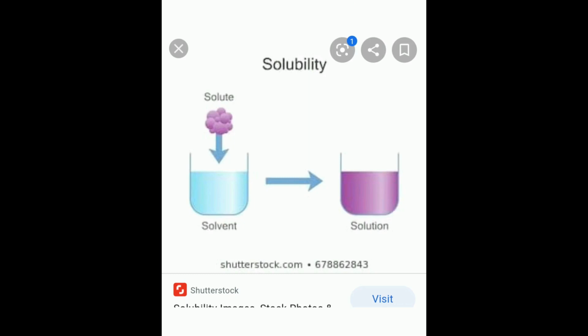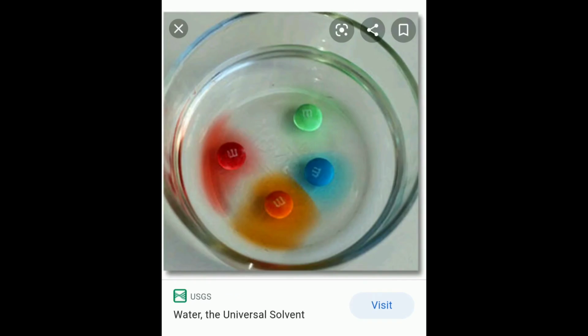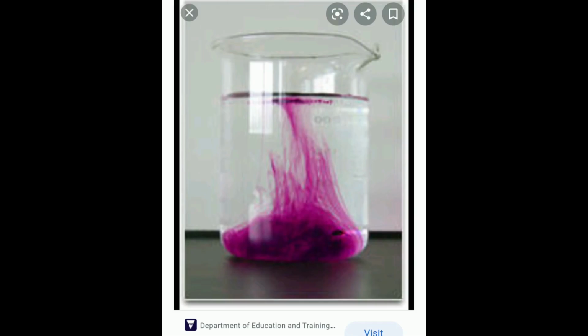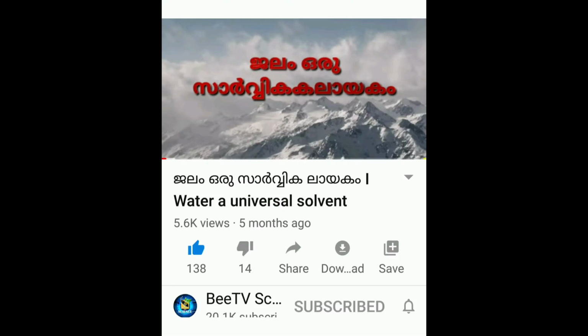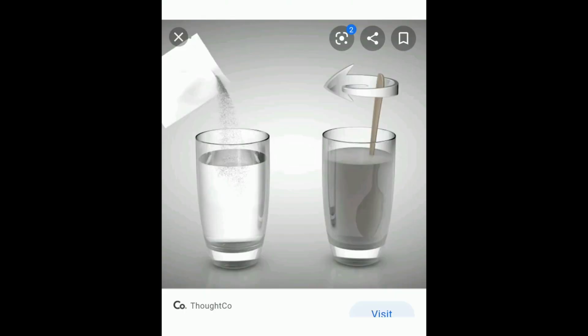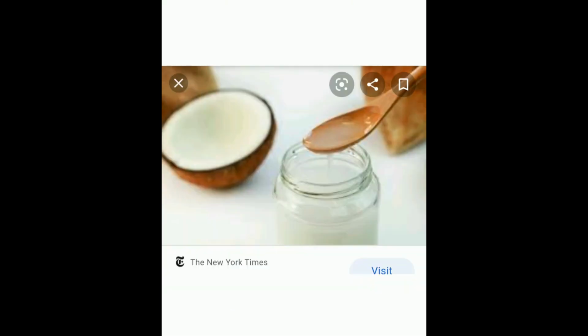Okay, in the previous class, we understood different solutes, solvents and solutions. Did you notice that in most cases, water is the solvent? I know that you watched the basic science class on Victers, isn't it? This experiment is performed in the Victers class. I have posted the same along with this class. Do watch it. Okay. Let's take 3 solvents, that is water, coconut oil and kerosene.